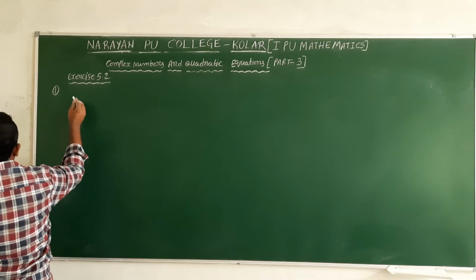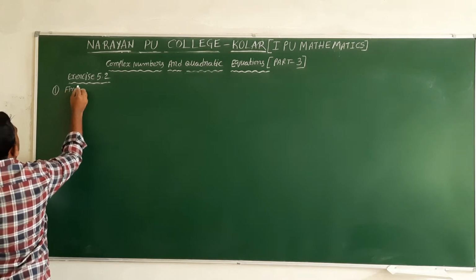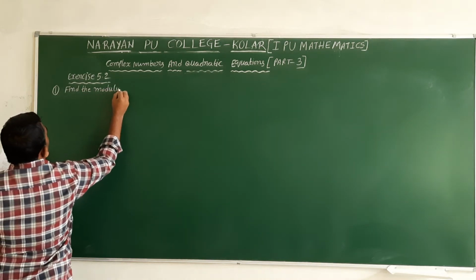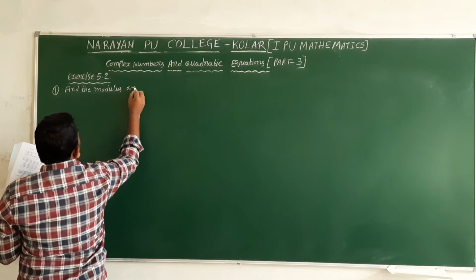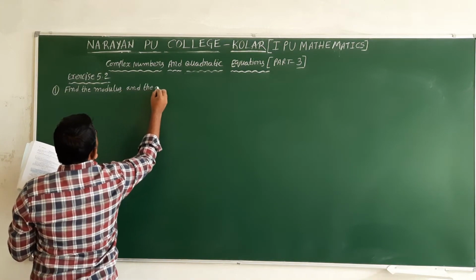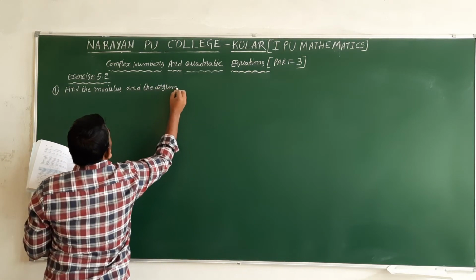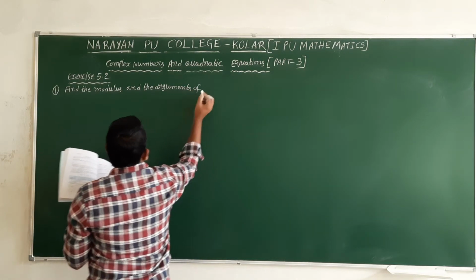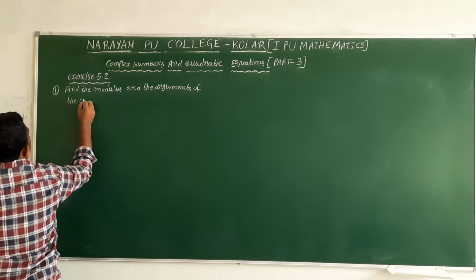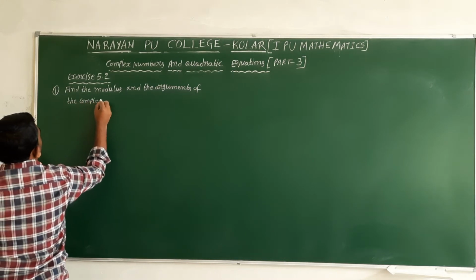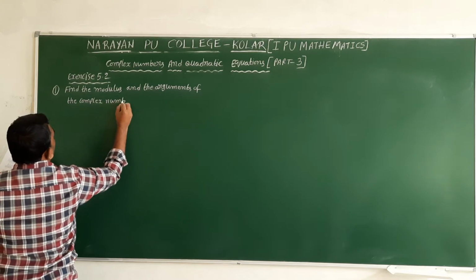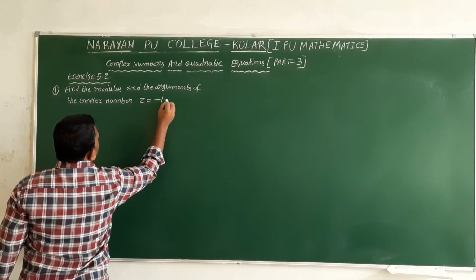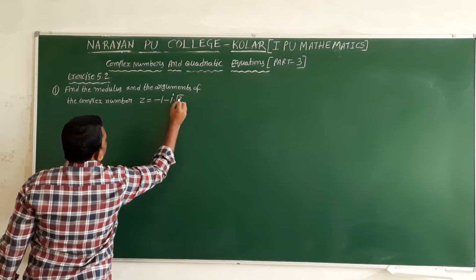First one, find the modulus and the argument of the complex number z equal to -1 minus i root 3.